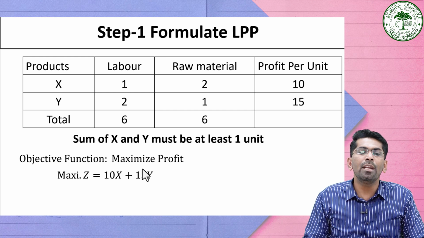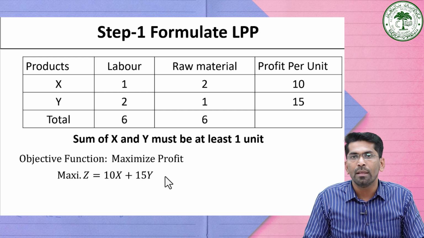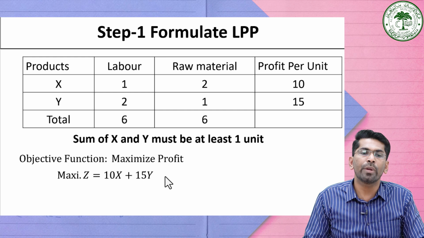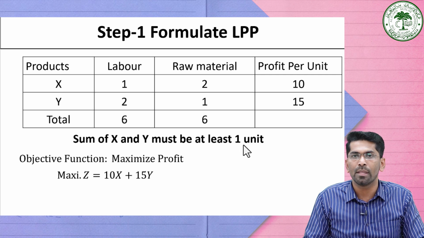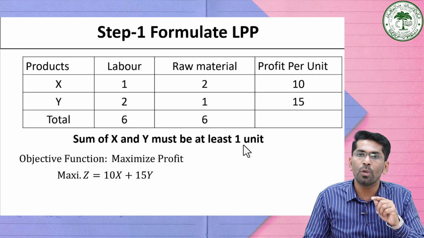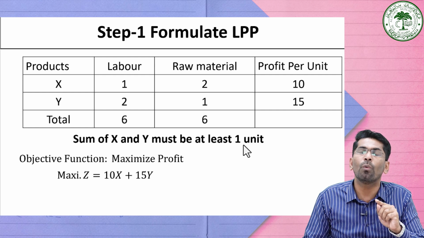Then after identifying the objective function, the next step is to specify our constraints. First we have to take care of one statement given here: the sum of X and Y must be at least 1 unit. That means the company should produce a minimum of 1 unit per month or per day.